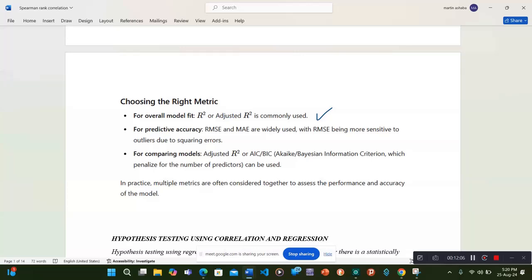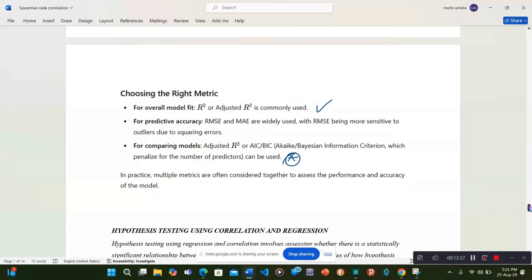For comparing models, we will need to use the adjusted r squared and then the AIC or BIC, which is the Akaike or Bayesian information criterion. We shall not use these ones, but we are just highlighting that if you go deep into measuring the accuracy of these models and determining whether they are able to do what you intend to predict, these are the metrics you are going to rely on.